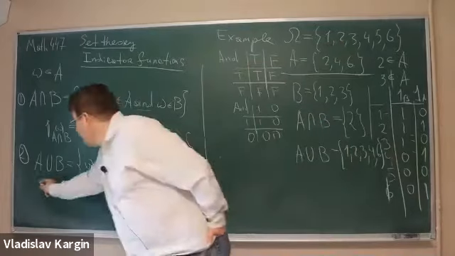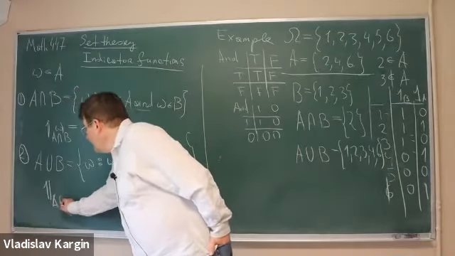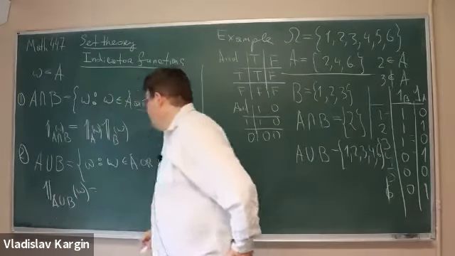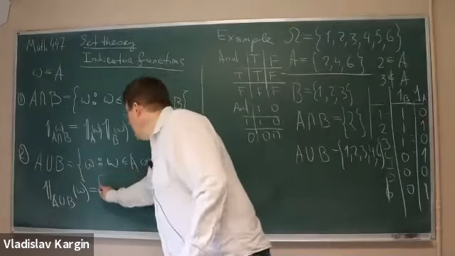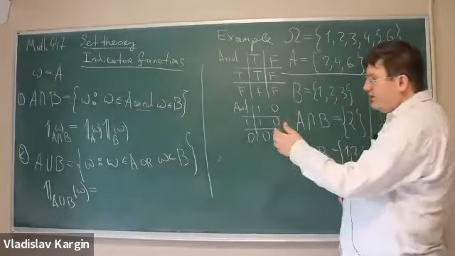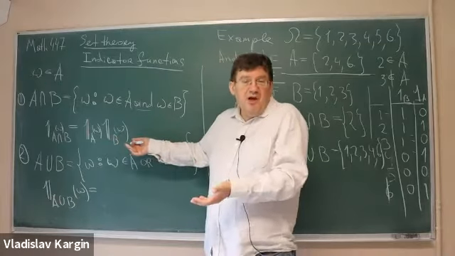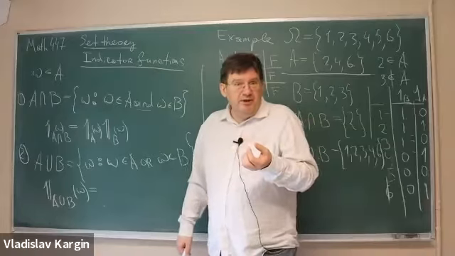So we can write the indicator function for A union B of omega is equal to what? It would be nice if it were addition, but addition doesn't work, because addition would turn two ones into 2, and 2 doesn't have any meaning.